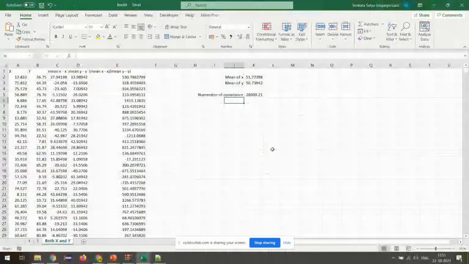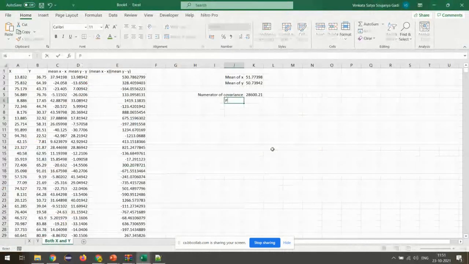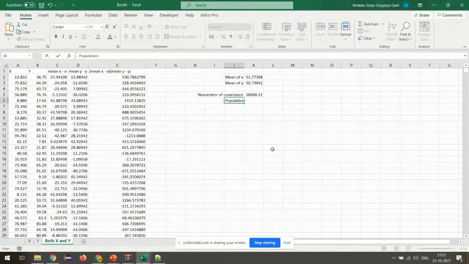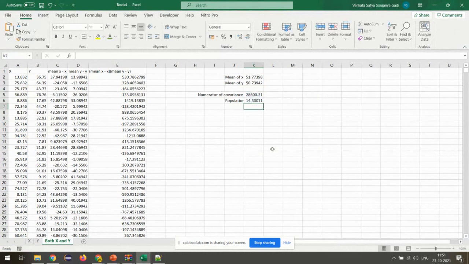Here we get the answer: population covariance is this numerator divided by 2000, which is 14, and sample covariance is the same numerator divided by 1999, 1 less than 2000.